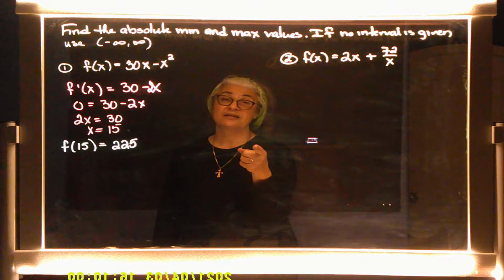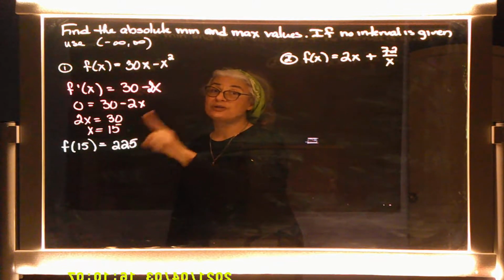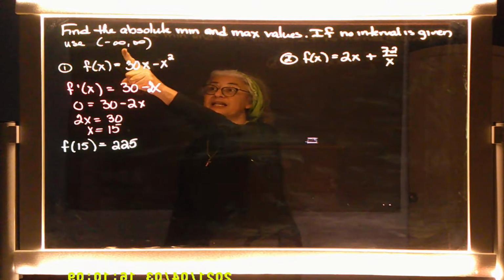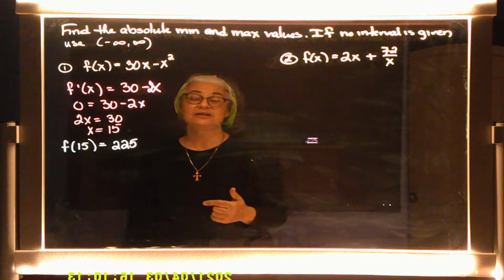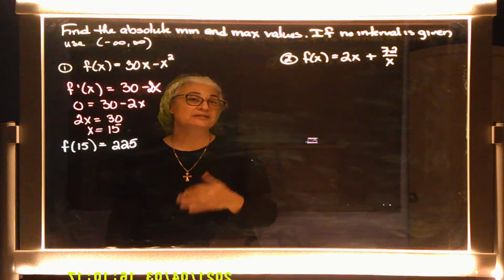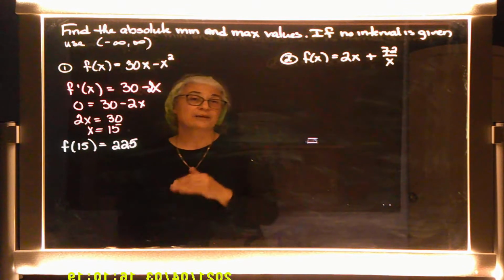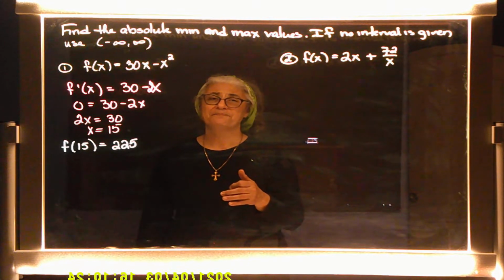And by the way, Theorem 9 says there's exactly one critical value. So here's the exact one critical value I'm going to be using in this interval. And now I need to determine if this, 225, is going to be considered an absolute minimum or an absolute maximum. And how do I do that?